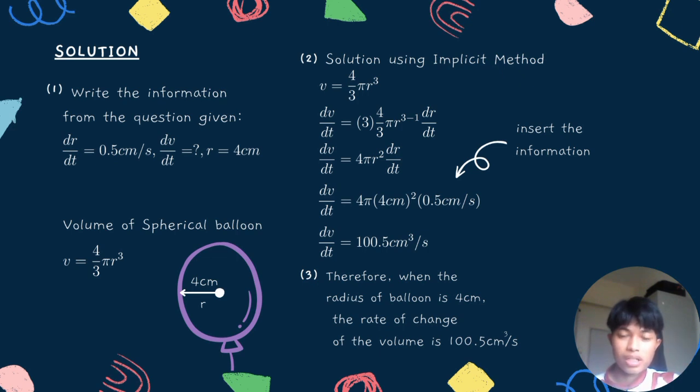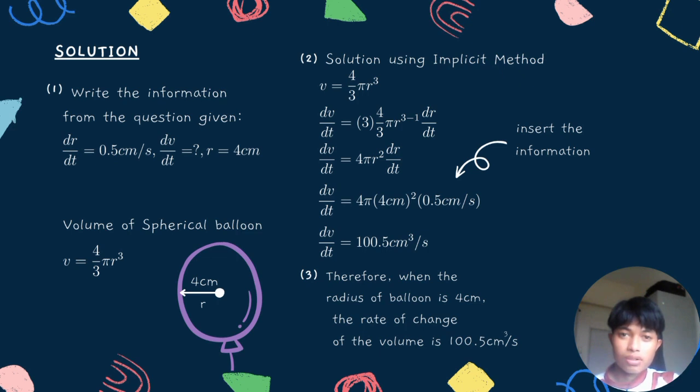Then the radius of the balloon is 4 cm, and we need to get the rate of change of volume, which is dV over dt. Before we find it, we need the formula for the volume of a spherical balloon, which is volume equals 4 over 3 pi r cubed. Then the second thing we need to do is to find the solution using the implicit method.